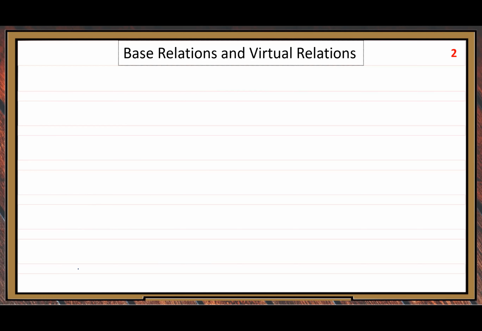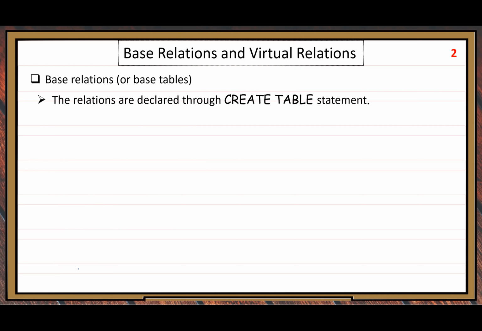Next, base relations and virtual relations. We learned this concept, virtual table, before, okay? But here, let us do some comparison. Base relations, or base tables: the relations are declared through the CREATE TABLE statement.